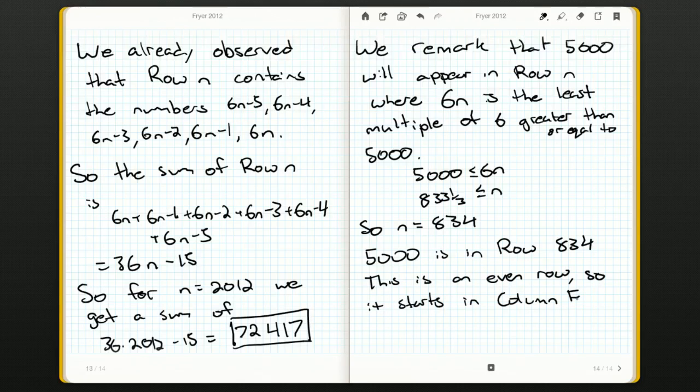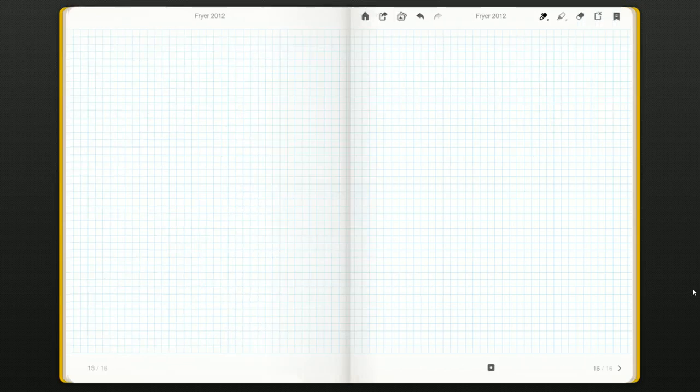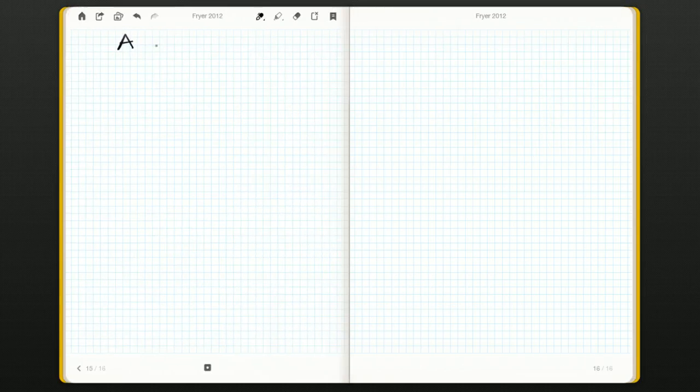As an even row, it starts in column F and works its way from right to left. So we know the leftmost one is going to be column A, and that's going to contain our multiple of 6. So row 834, and then we have A, B, C, D, E, F, and G is blank.